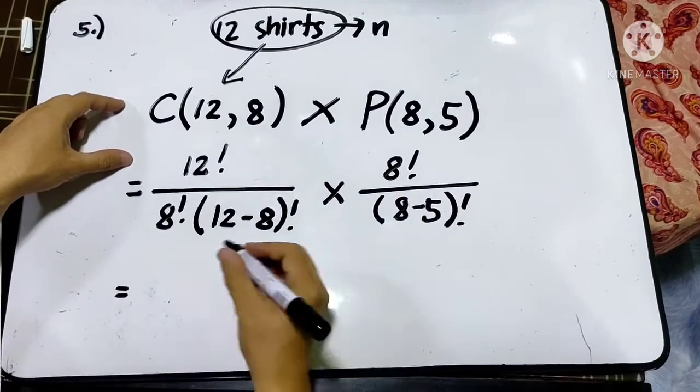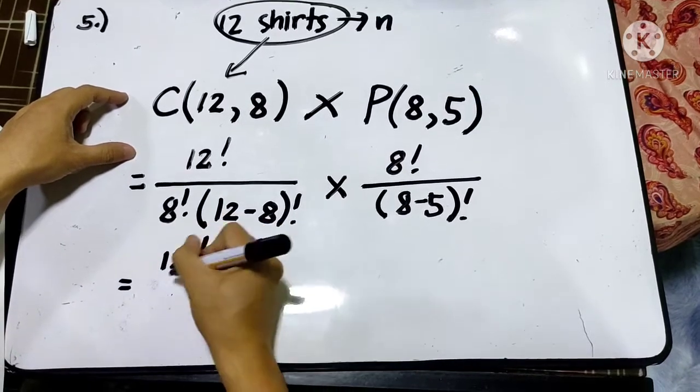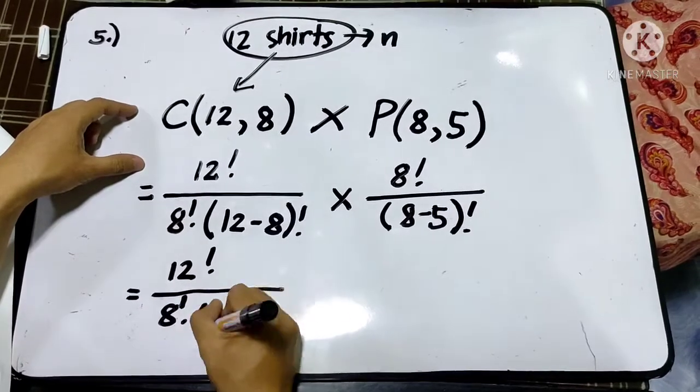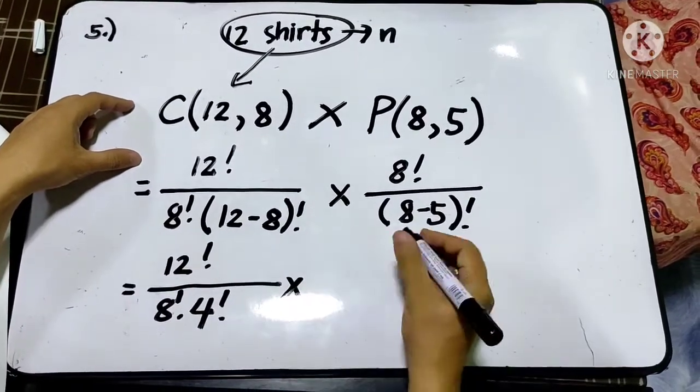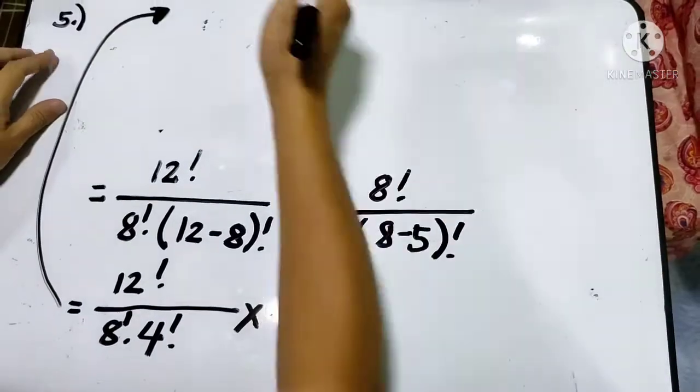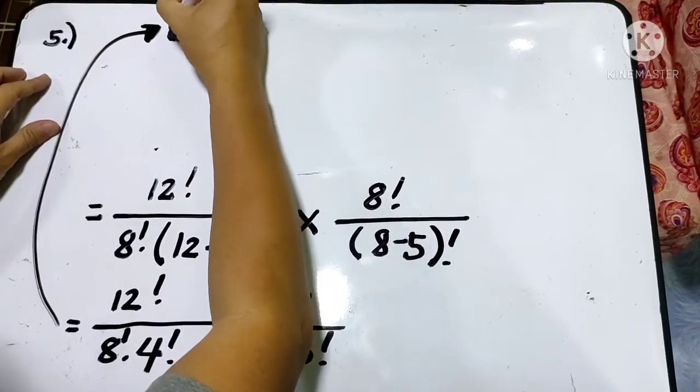So this is equal to 12 factorial over 8 factorial 4 factorial times 8 factorial over 3 factorial. And now let us simplify this further.